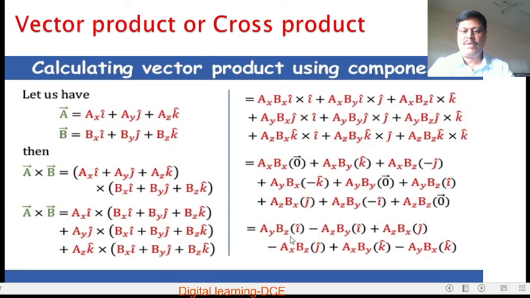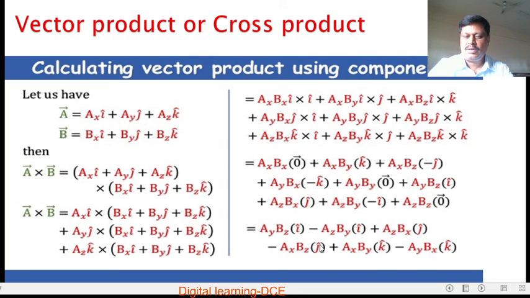Then we have ay bz into i. First write the unit vector i, and then j and k.